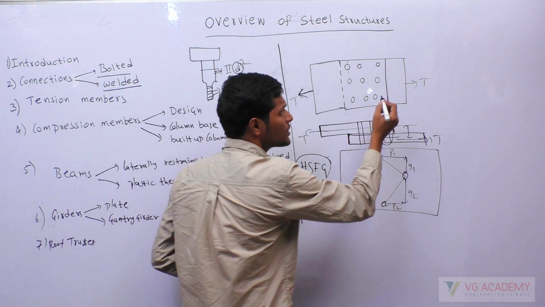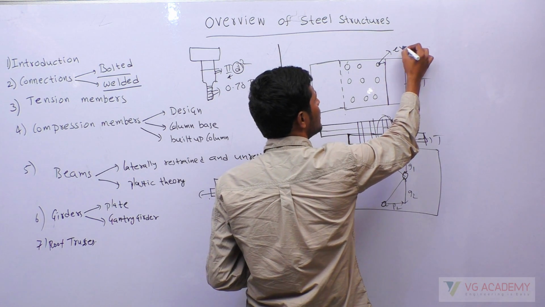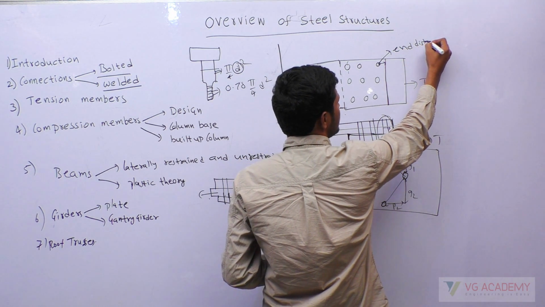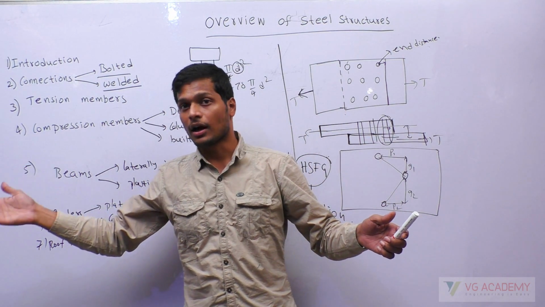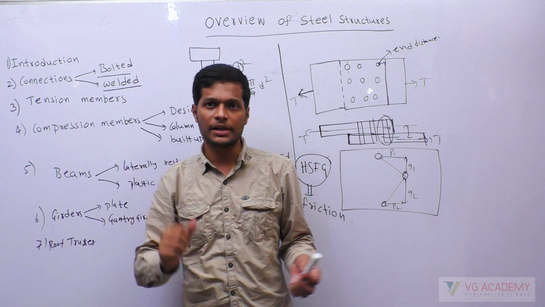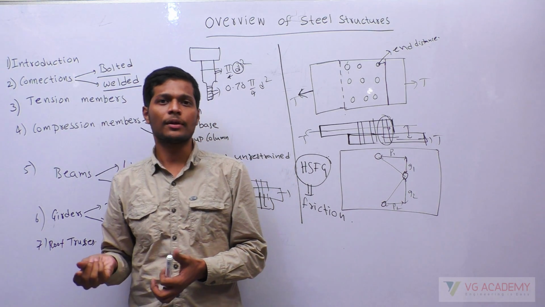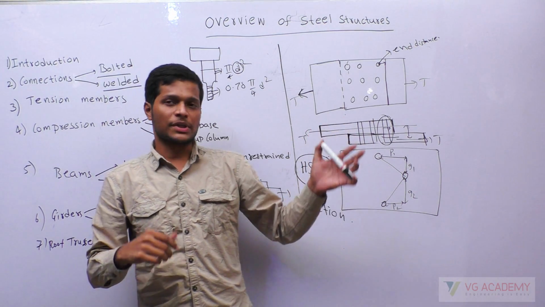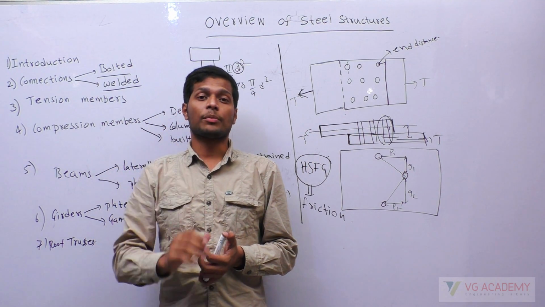At this end, how much distance we have? This is called end distance. So along the length, in the end, how much distance we have is called end distance. Okay, minimum end distance should be there for a bolt, but specifications of end distance are not much important, but still we should have a minimum end distance.